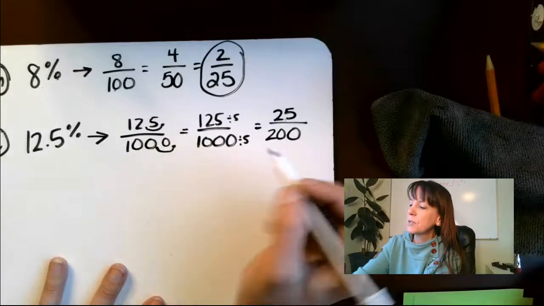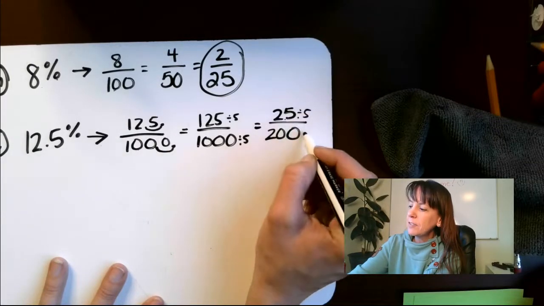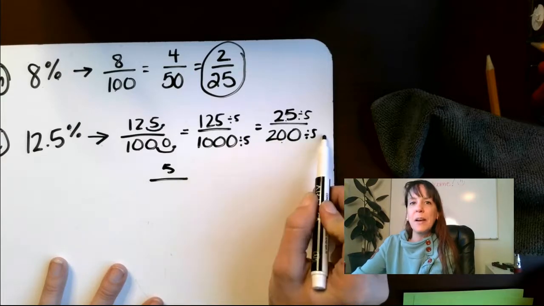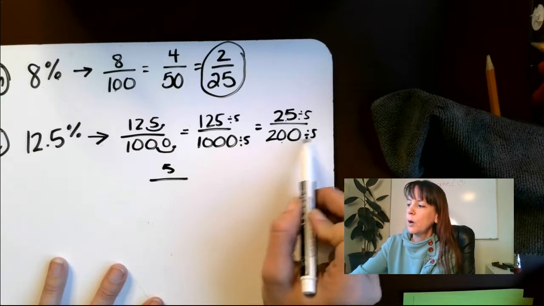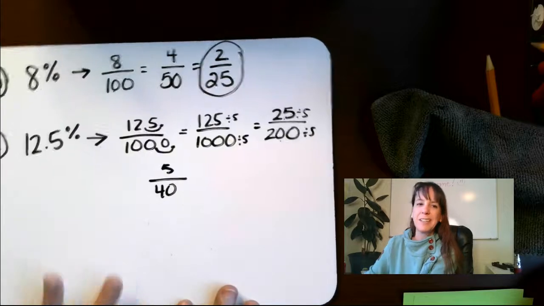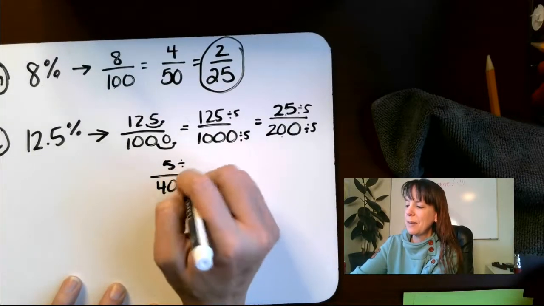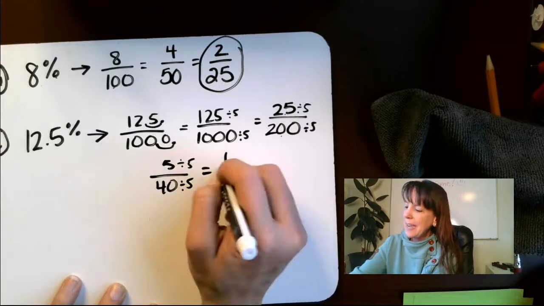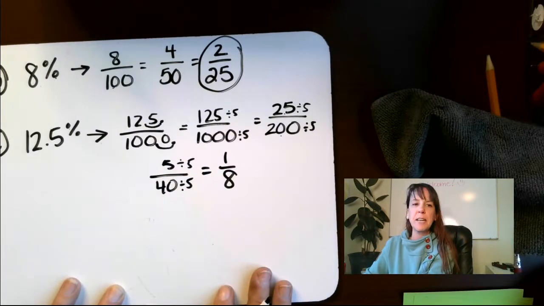But we can keep reducing. Divide by 5: upstairs I have 5, and downstairs 200 divided by 5 is 40... I mean 20 divided by 5 is 4, so 4 with a 0. I can still reduce. Divide by 5, I end up with 1 upstairs and 8 downstairs.